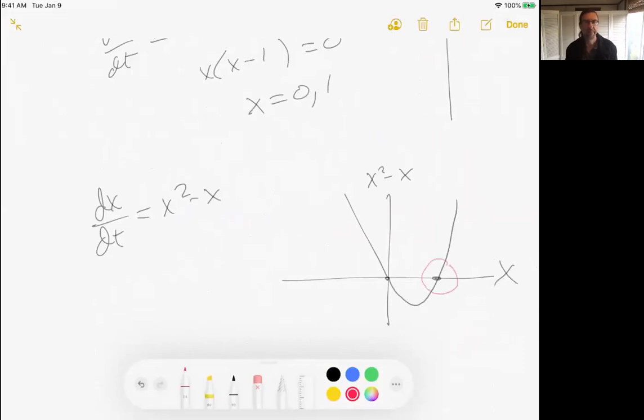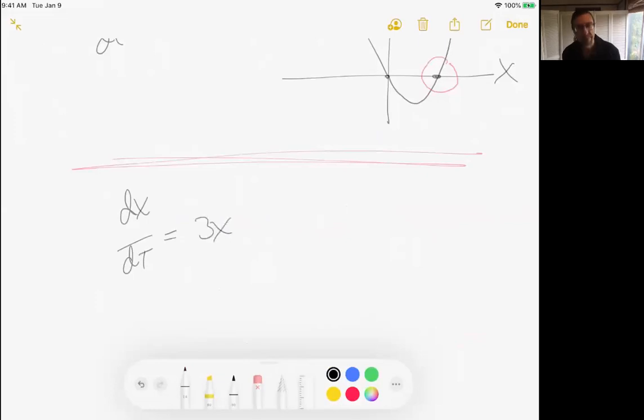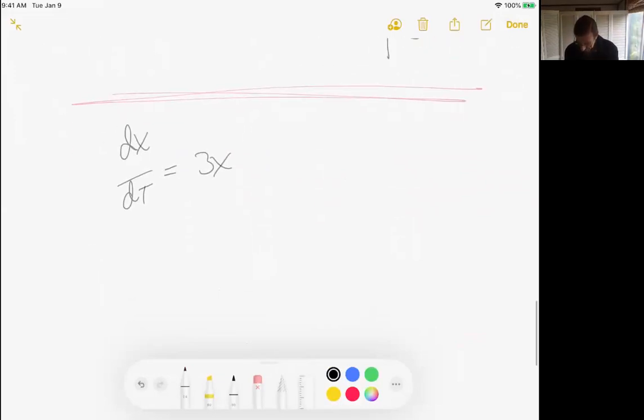Yeah? Okay. All right. So let's take a step back just for a second. Let's look at a simpler system just for a minute. Let's look at the system dx dt equals 3x. All right, first of all, we can do the same sort of thing.